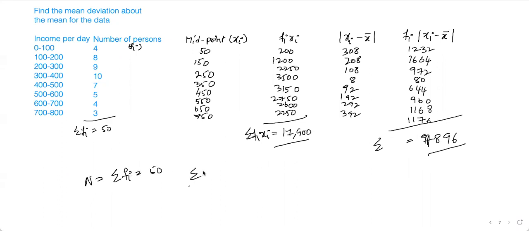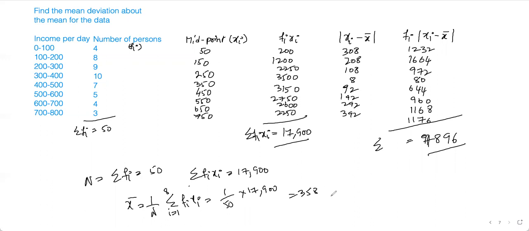So here n is the summation of fi, which is 50, and the summation of fi xi is 17,900. X bar will be 1 by n times the summation of fi xi, which is 1 by 50 multiplied by 17,900, giving 358.